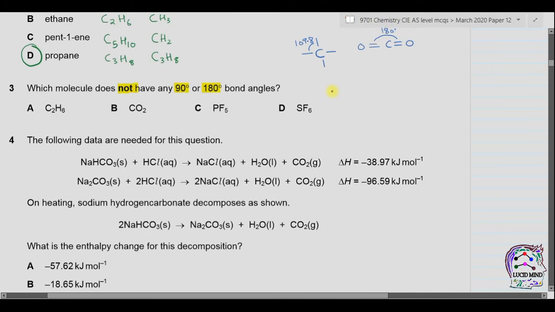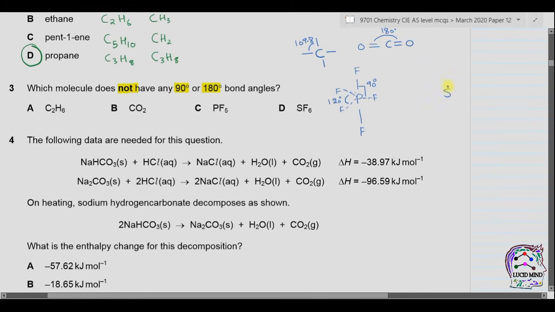C is phosphorus pentafluoride. Now in phosphorus pentafluoride there are 2 different types of bond angles present. 3 of the fluorine atoms are in the same plane while 2 are not. So the bond angle here is 120 degrees and this one shows the bond angle of 90 degrees. D is SF6.